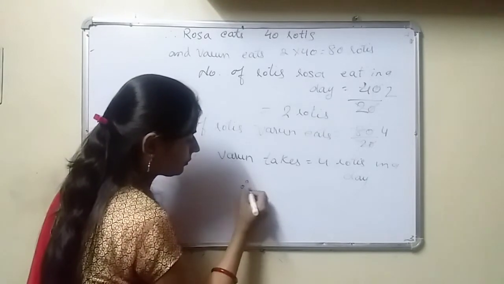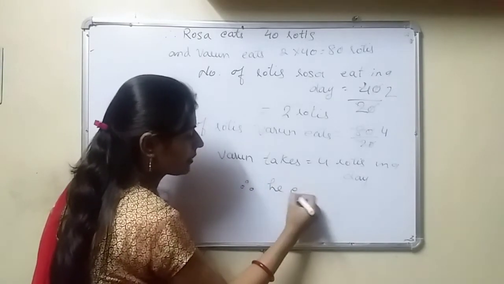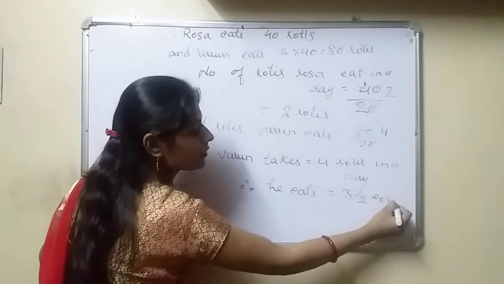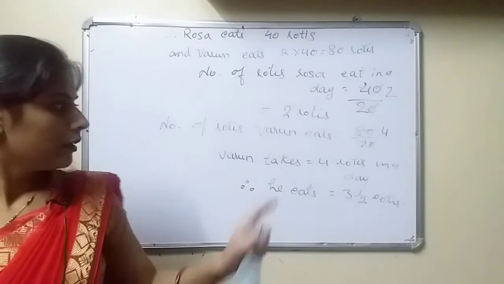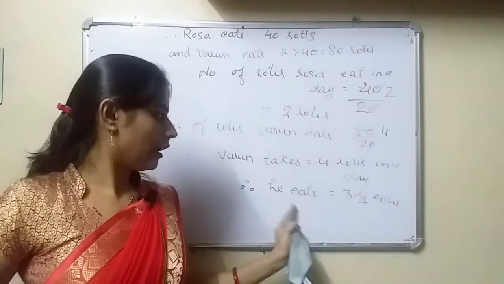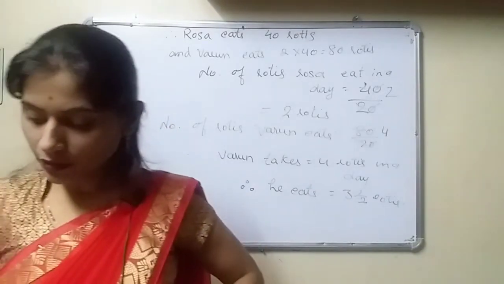Therefore he eats 3.5 rotis. Okay. Now see, this solution is completed. So how many rotis does Rosa eat? That is 2 rotis. And how many rotis does Varun eat? That is 3.5 rotis.